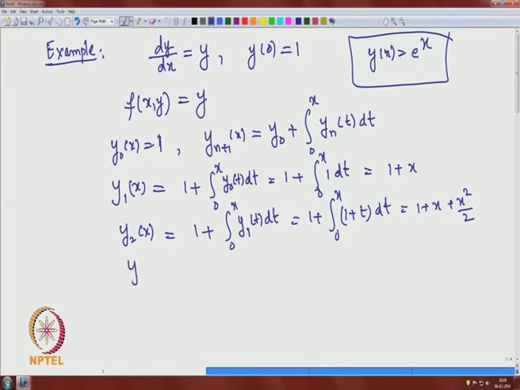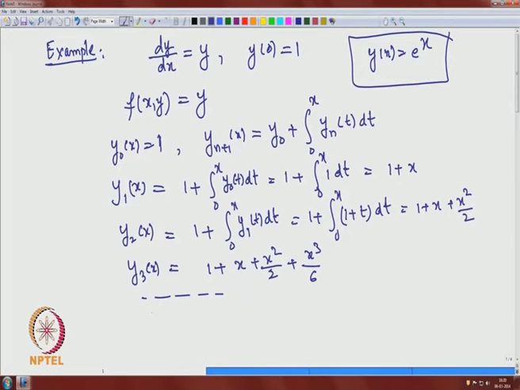And similarly, if you find y_3(x), it is not difficult to show that y_3(x) is 1 plus x plus x square by 2 plus x cube by 6, and so on.